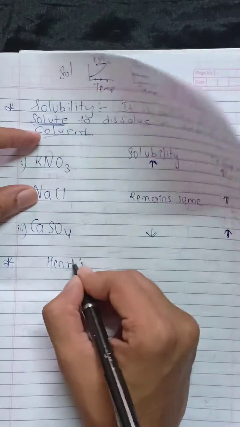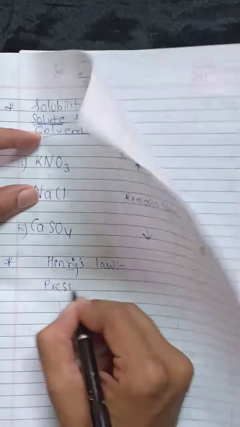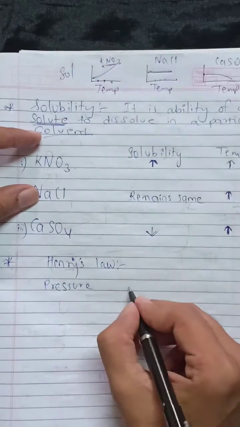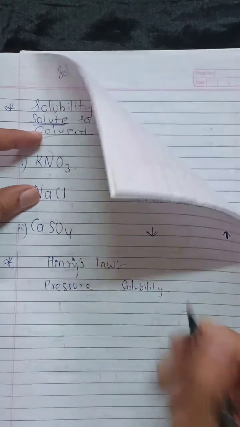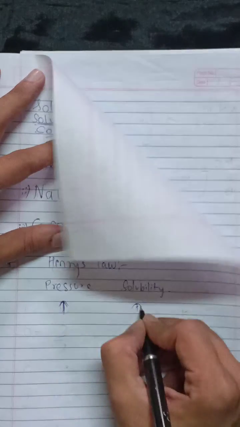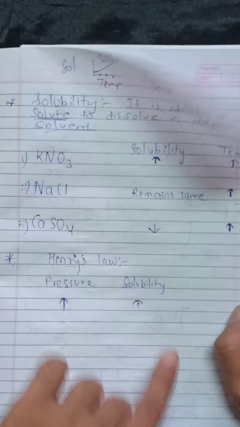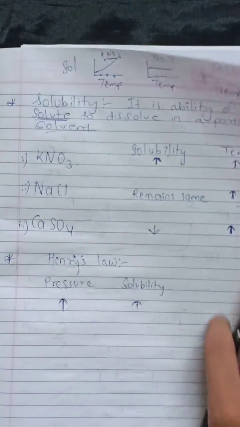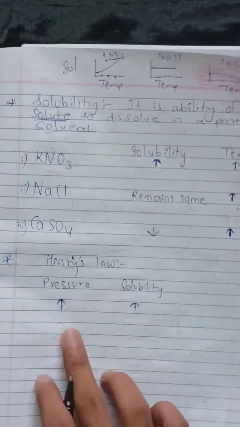What does Henry's law say? He says pressure and solubility go hand in hand. When you increase the pressure, the solubility increases. This shows that the pressure and the solubility both have a direct relation.